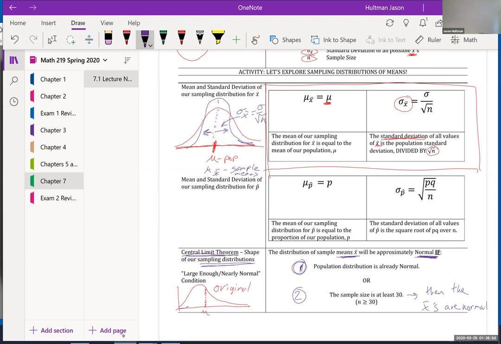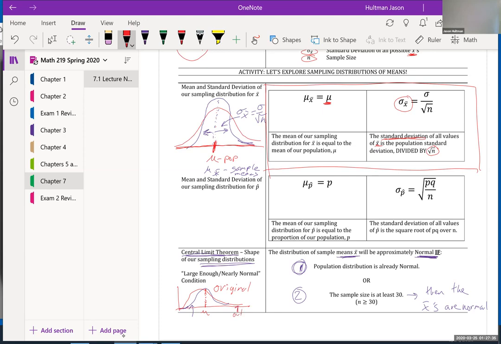Well, mine's not normal, let me go back to this one here. This one is skewed right, it has a right tail. Let me go back to this guy here, and this one is normal. So the purple one is the distribution of the sample means, whereas the original was the population. Say the population had a bunch of outliers over here, so we have some outliers.